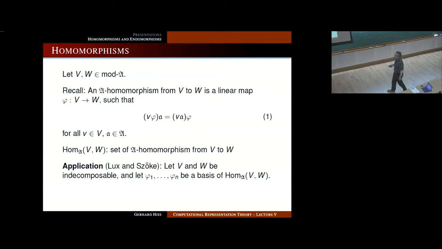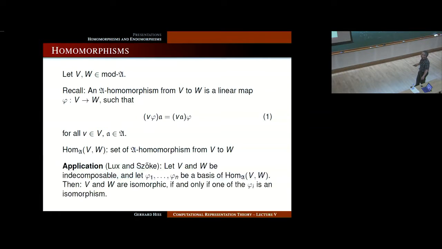And suppose, well, this is a nice application. Suppose you are able to compute a basis for this vector space. And suppose that V and W are indecomposable modules. And suppose you have a basis, then how do you test whether these two are isomorphic? This is very easy.